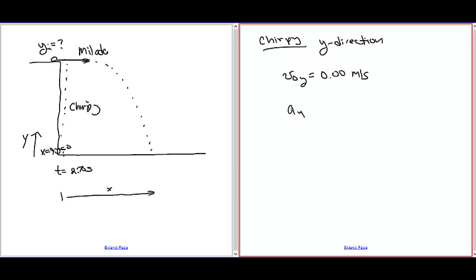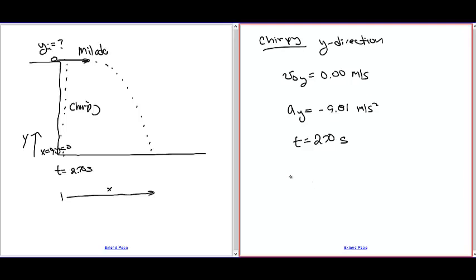The acceleration in the y direction is negative 9.81 meters per second squared, because up is positive y, so we have the acceleration negative, and we have time equals 2.70 seconds. So we have three things in the y direction, and we use the four equations that apply to constant acceleration. This is a constant acceleration of negative 9.81 meters per second squared.